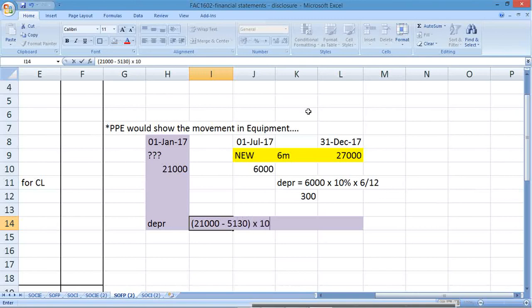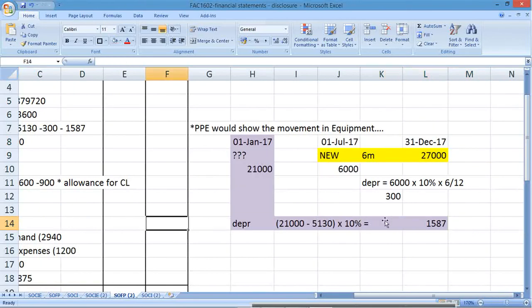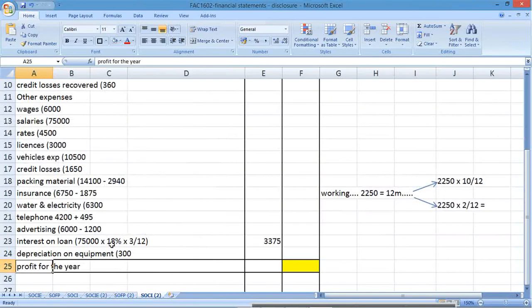Close brackets times 10%. Okay, it gives me 1,587. Where is that going to go? On the equipment, so minus 1,587. And I'm going to write the same amount where? On the depreciation. Yes, 1,587.